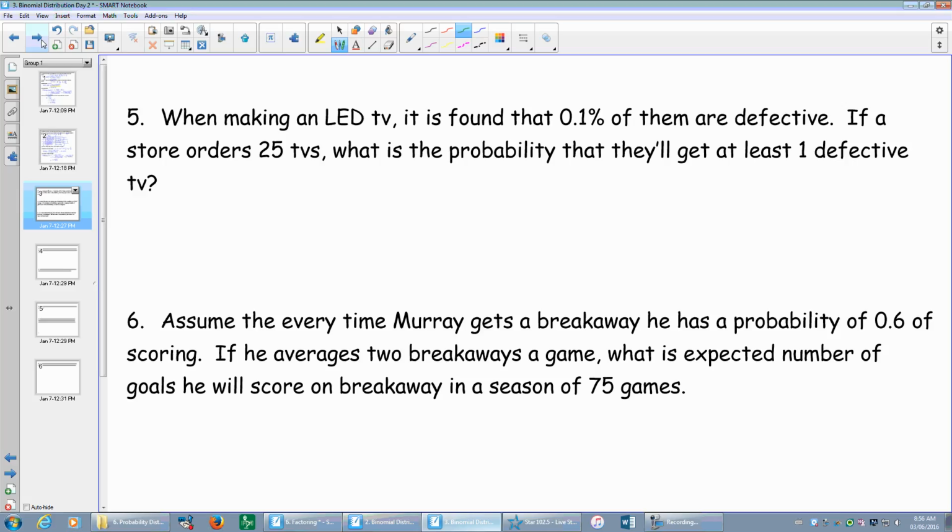We're talking about, again, success, and then we're talking about failure. So I'm going to look at this as a little bit opposite. Because we want to find out how many of them are defective, we are going to assume a defective, and you could do it the other way. The defective is going to equal a success.